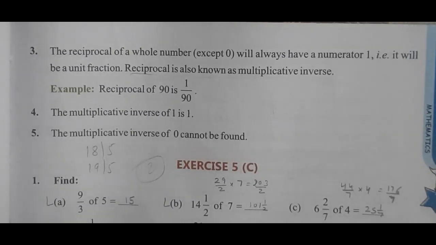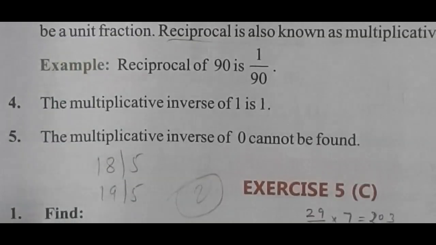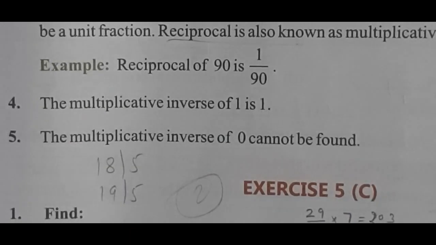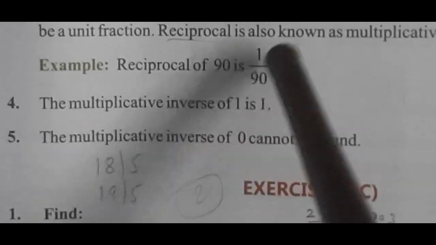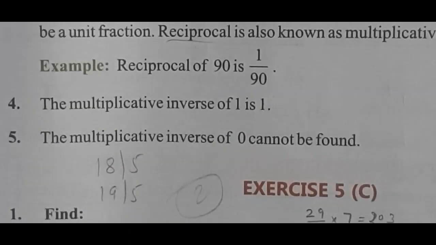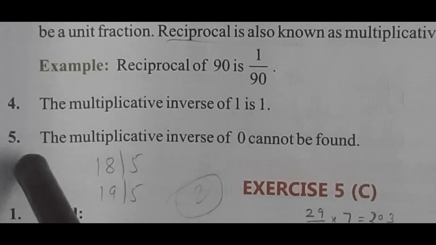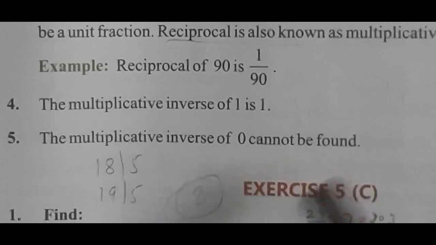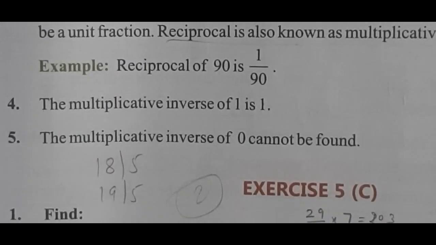Now it has become a unit fraction. Next is number 4. The multiplicative inverse of 1 is 1. Multiplicative inverse means reciprocal of 1. Reciprocal of 1 is 1 only. Next fact is the multiplicative inverse of 0 cannot be found, which we have done in our question also. Right?